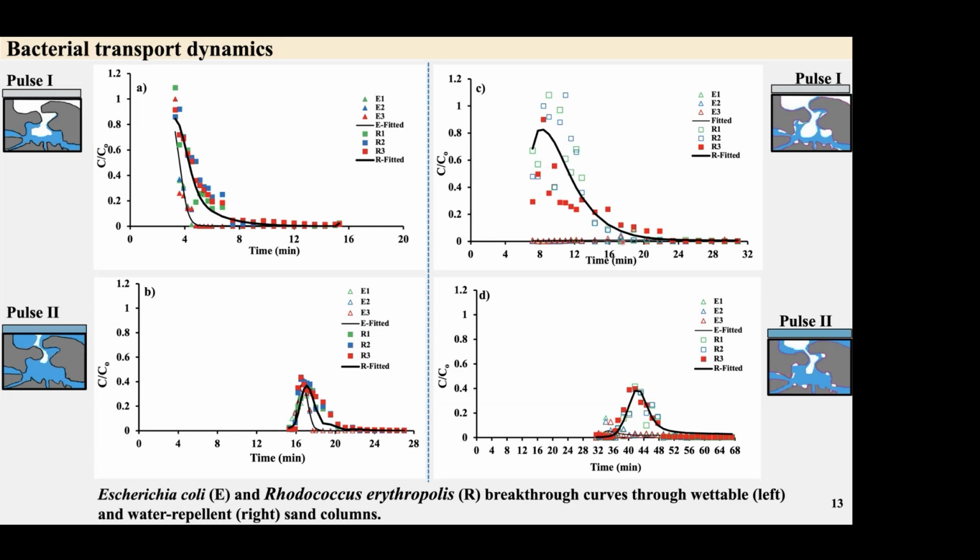E. coli could be modeled for each pulse, which was interesting, while we were not able to model it when we have two pulses together. The Rhodococcus second pulse was captured again, and we were also able to model the second pulse.